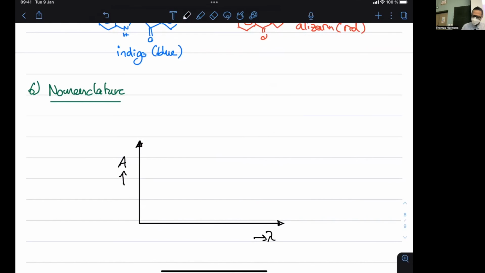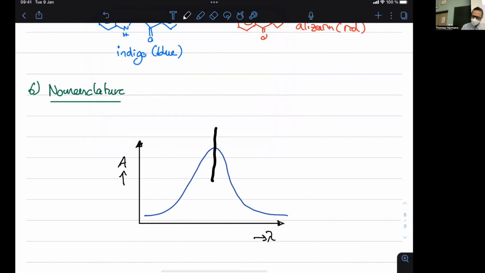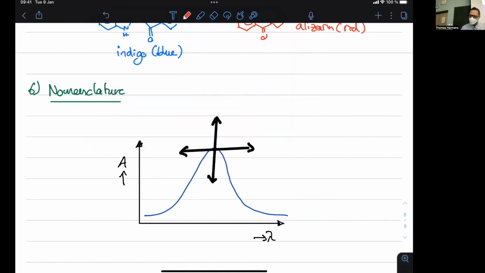I have some kind of spectrum. And now depending on what happens, I can have a shift of these peaks. So the most well-known ones, this one is called bathochromic shift. So it shifts to the right, and this one is called red shift.